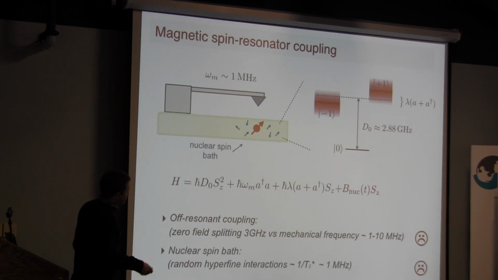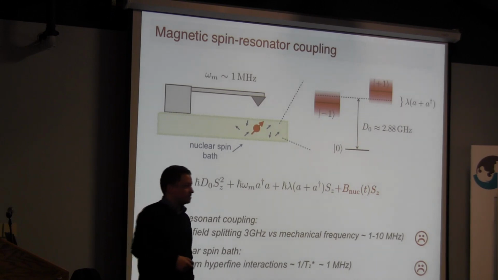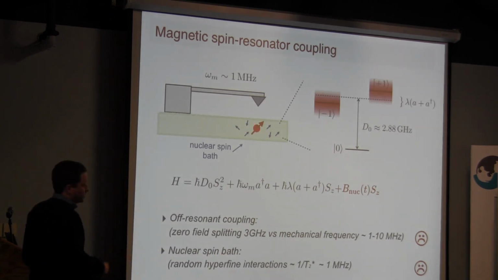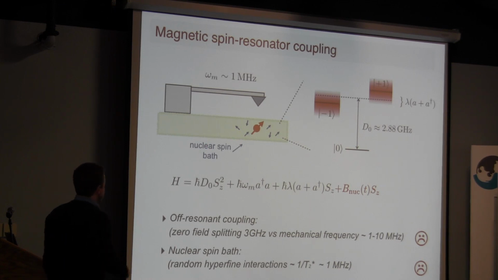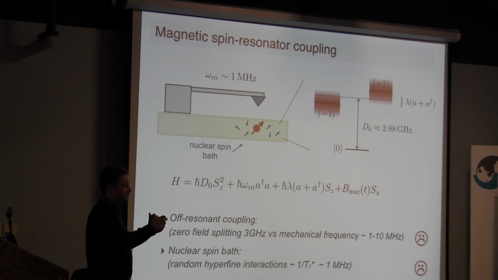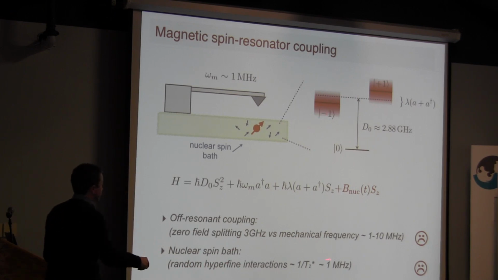Maybe another thing one should mention, which is related to the question, is that the spin here is not sitting there alone. Even if I have a single NV center, there will always be some nuclear spins around. They have very slow dynamics, but they are still random. They produce random hyperfine interactions, a random field, which on average shifts the state by something on the typical order of a megahertz.